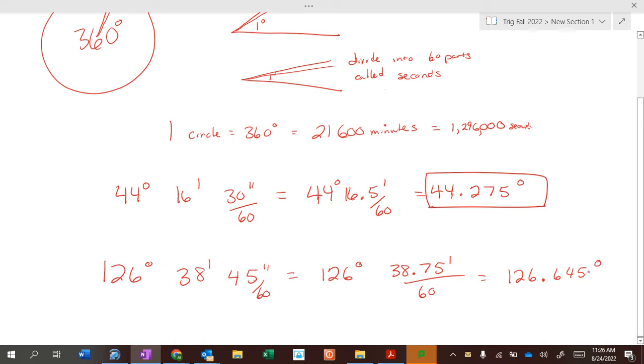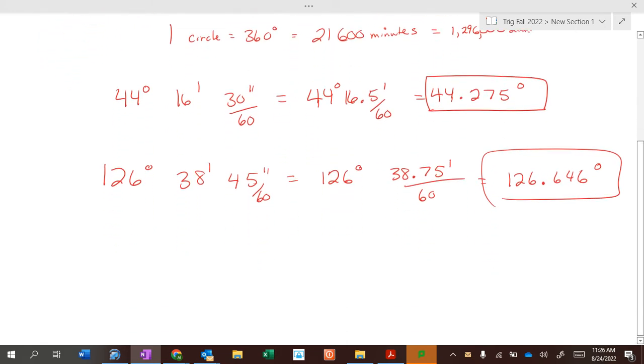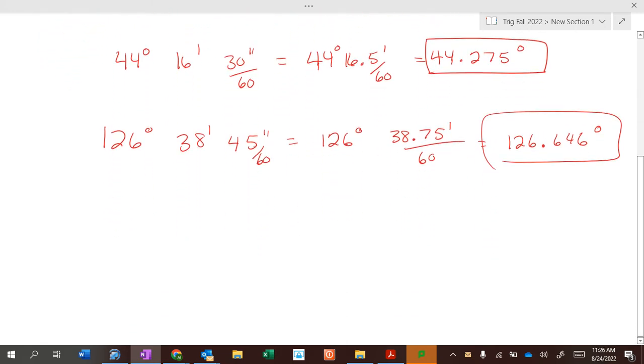So whatever the computer tells you to round to, you'll just round to that many places. If it says round to 3 places, you round to 3 places. If it says round to 2, round to 2. If it says round to 4, round to 4. Okay? All right. So that's turning degrees, minutes, seconds into decimal degrees.